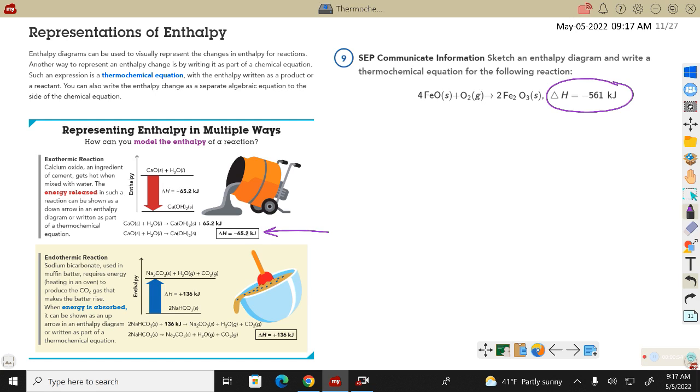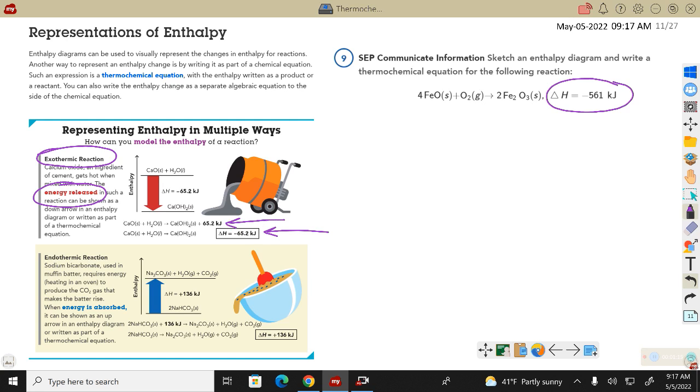When I see that the delta H is negative, I know that the reaction is exothermic, and there's an overall release in energy. Well, if energy is going to be released, you could also put it in as a product.